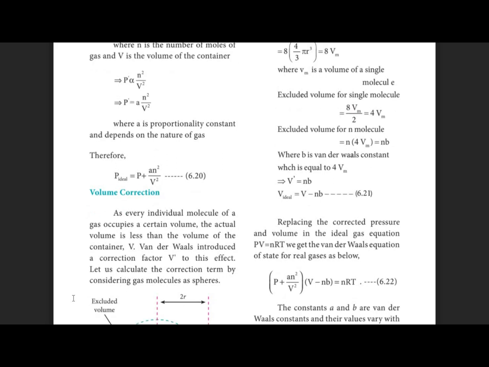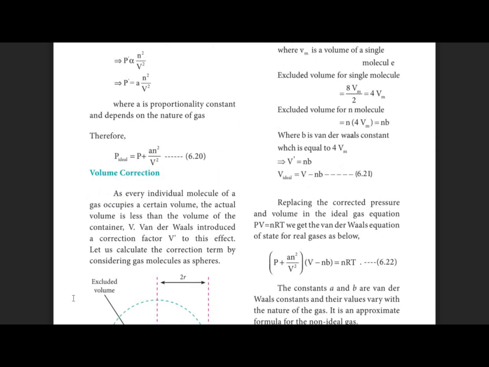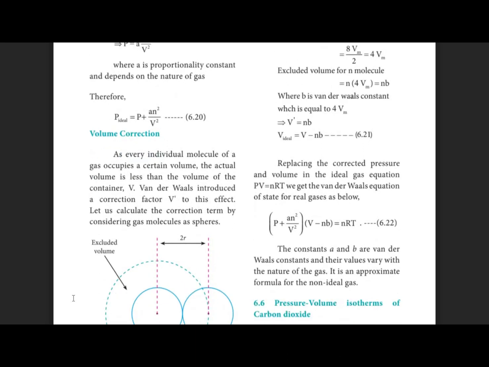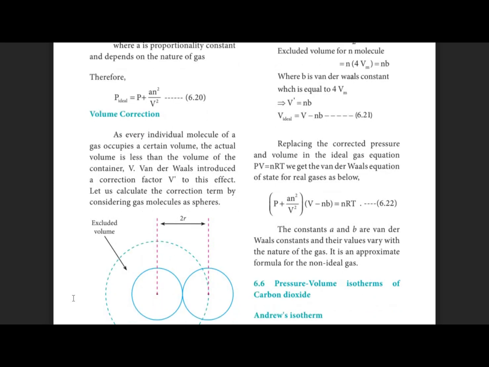Replacing the corrected pressure and volume in the ideal gas equation, PV = nRT, we get the van der Waals equation: (P + a n²/V²)(V − nb) = nRT. The constants a and b are called van der Waals constants and their values vary with the nature of the gas. It is an approximate formula for the non-ideal gas.